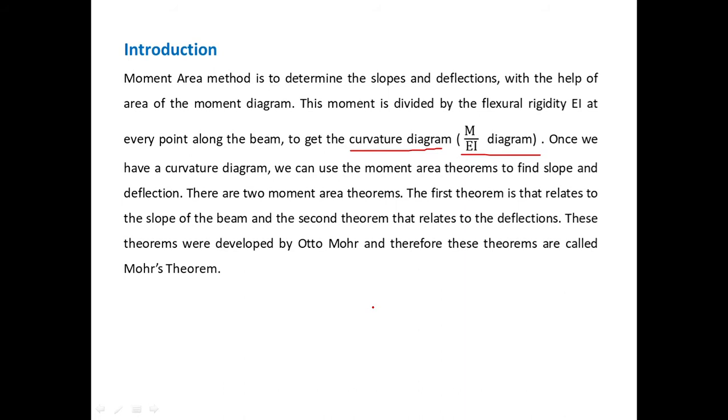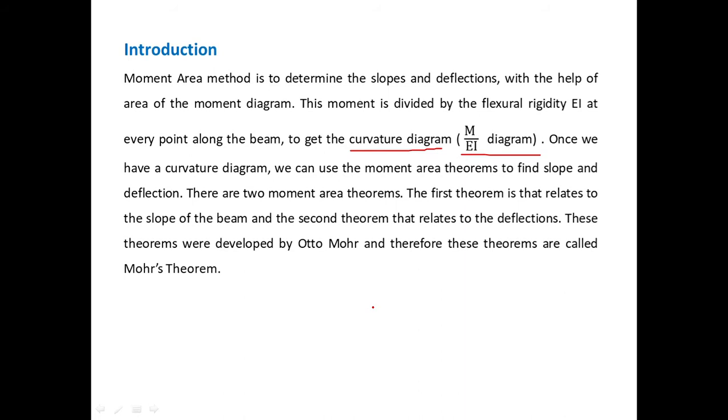There are two moment area theorems. The first theorem relates to the slope of the beam, and the second theorem relates to the deflections. These two theorems were developed by Otto Mohr.